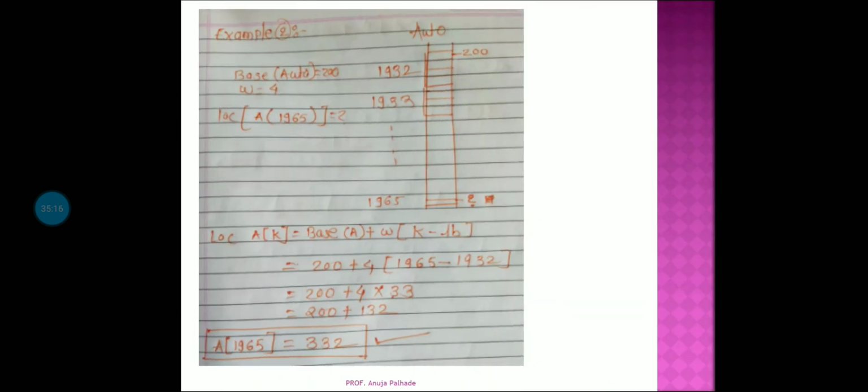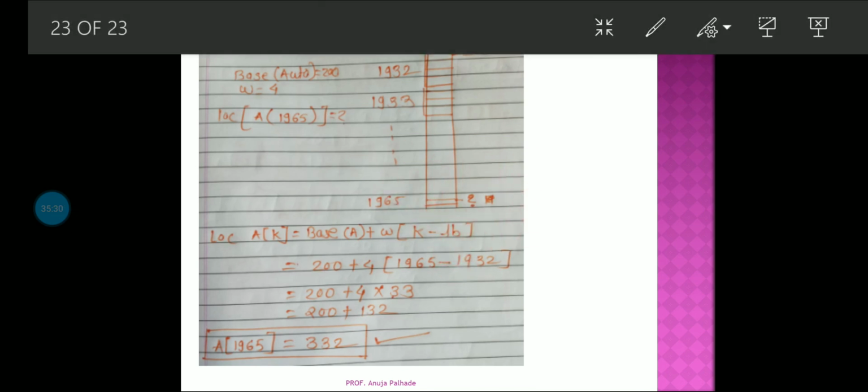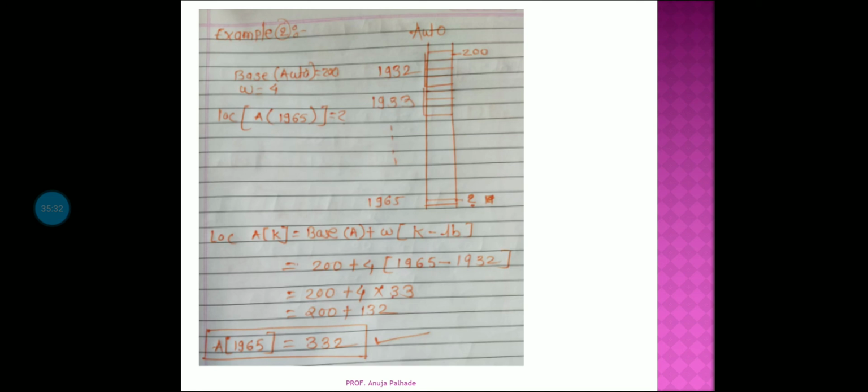So this example is a real life example of address calculation, using a histogram or any business history: in 1932 what happened, in 1933 what happened. So what exactly happened in 1965 we have to find here. Here is the question mark, and we start with the base address, because the base address is given here as 200, plus the word per size is given as 4, W is given here as 4.